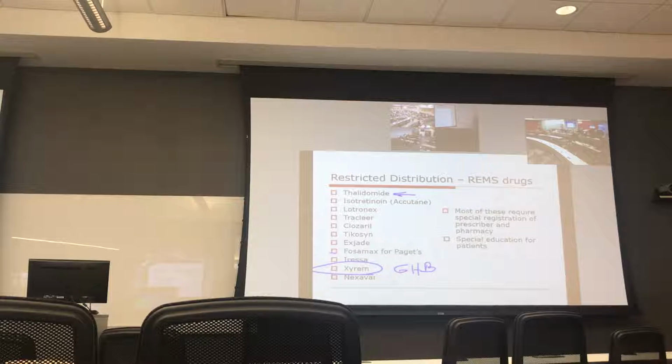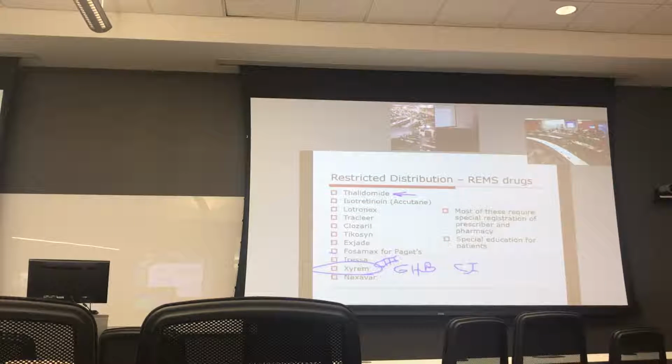And at that level, it is considered a C1, which we're going to talk about in these different categories. Basically, that means it's not available for use. It is not legal to prescribe. Xyrem is a C3. So here we have the same product in both a Schedule 1 and a Schedule 3.